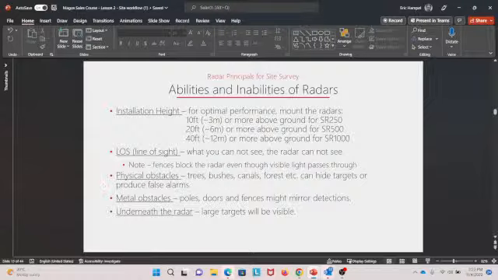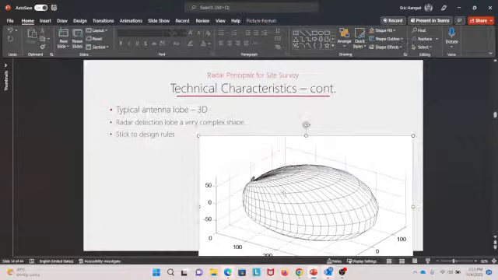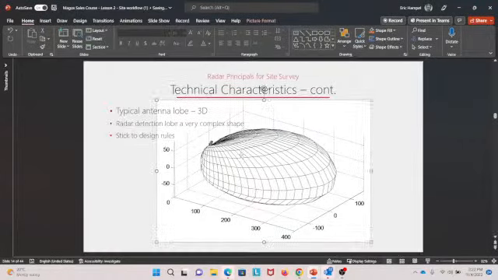I skipped this one. Here, just again, a 3D model of the lobe of the radar, so therefore you have a bit of an idea. That's why we do this ellipse-shaped design in the tool, as you're used to, because we are using the bird's eye perspective and say that's basically a horizontal cut.